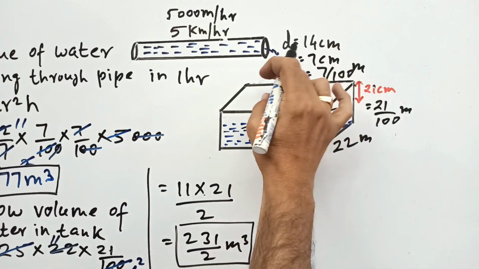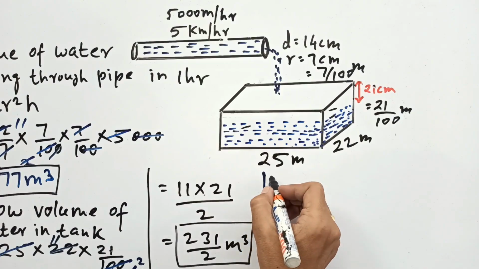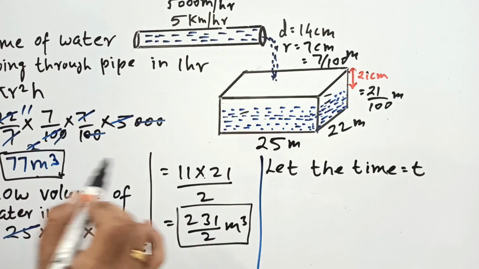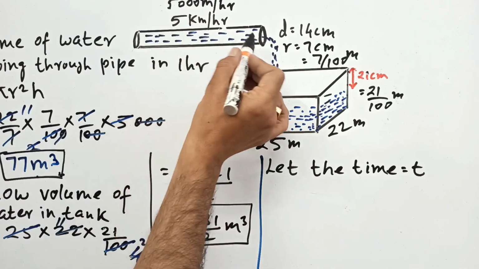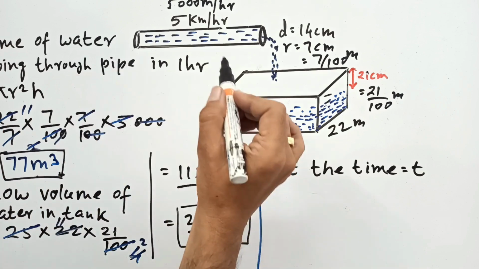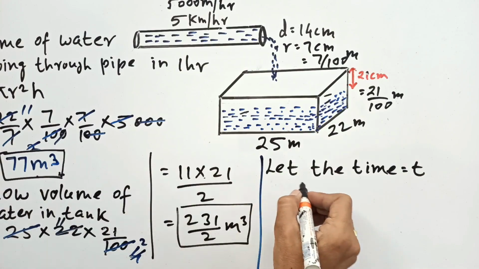Now let us suppose the time taken to raise this level by 21 centimeter is t. Listen student, the volume of water through the pipe in 1 hour is 77 meter cube, as we calculated. So the water flowing through the pipe in t hours is 77 into t.